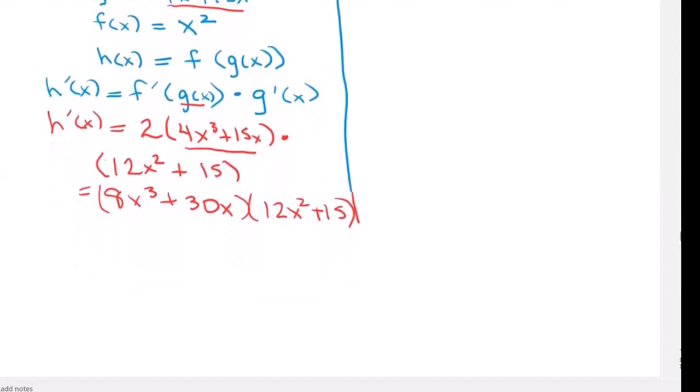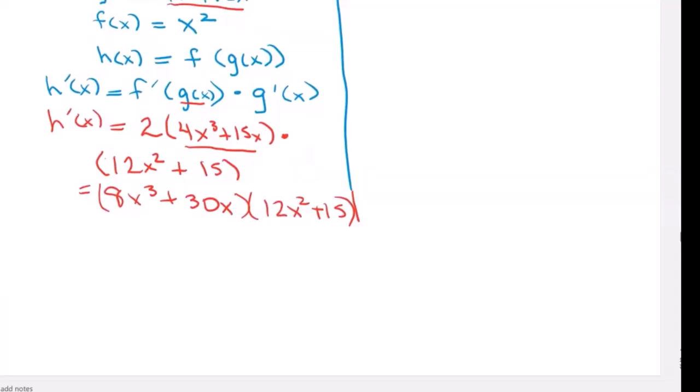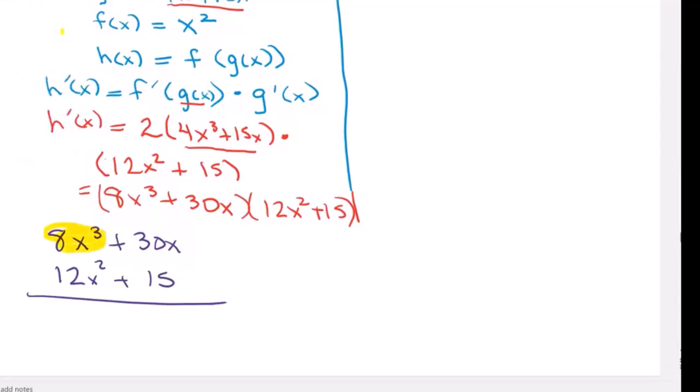And I don't know if you want me to do this or not. Sure, let's do it. So I do multiplication a little differently. I may or may not have shown this to you, but I usually do it vertically. This may not even be worth it, but I still do it vertically. First term, and I multiply it by this and then by this. So let's see what that means. It means 8 times 12 is 96, x to the 5th power, plus 8 times 15 is 120, x to the 3rd power.